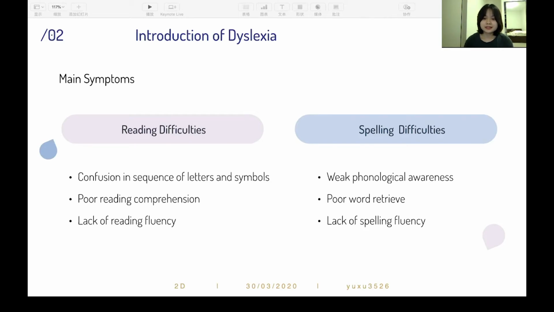Dyslexic people may have one or more of the symptoms. The detailed symptoms are more complex and more difficult. It's hard to think two dyslexic people have the same detailed symptoms, so the methods of overcoming reading disorders may vary.